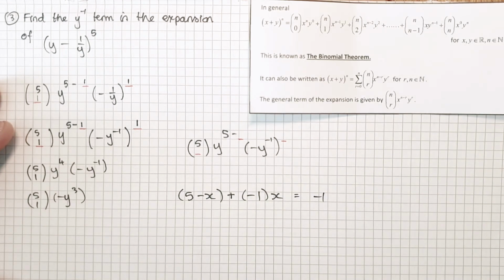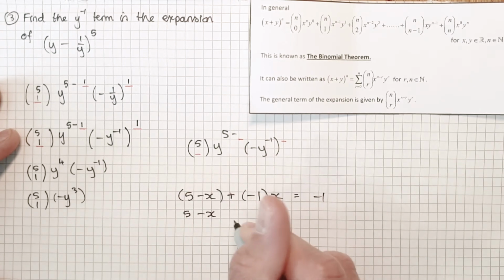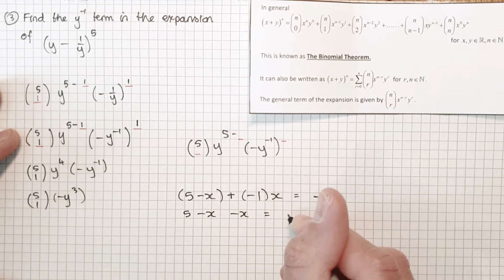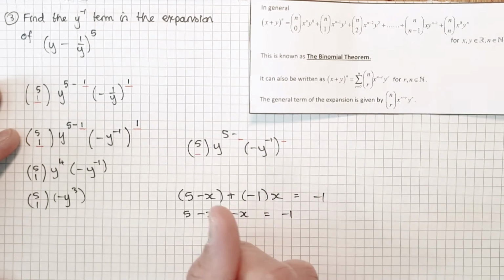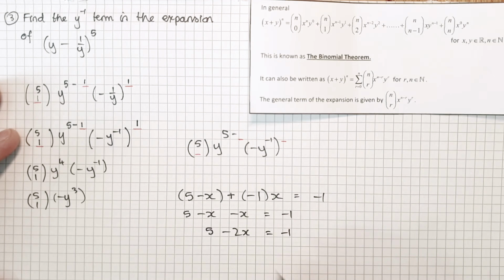So you can use trial and error, but this is a wee bit more mathematical. So 5 take away x minus x equals negative 1. Therefore, we've got 5 take away 2x is negative 1. So take off the 5: negative 2x equals negative 6. Divided by negative 2, algebra tells us x equals 3.